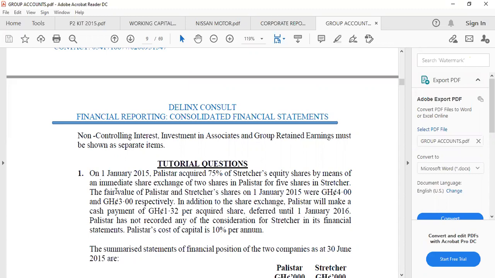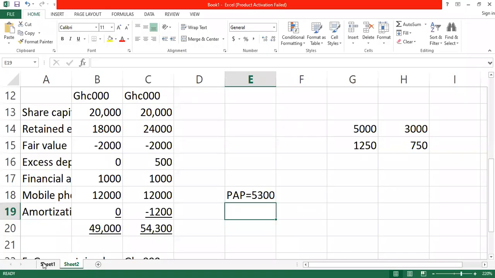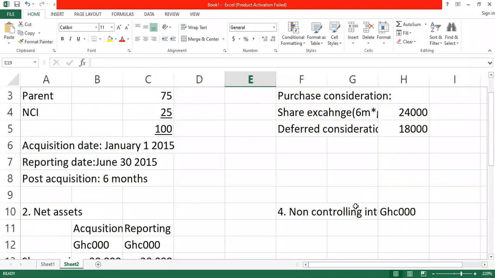What is the total number of shares bought by the parent? It's 15 million. And the total for the subsidiary is 20 million. So what portion is relating to the NCI? 5,000. So 5,000 multiplied by what will give us their value? The fair value of the NCI will be their number of shares multiplied by the share price.